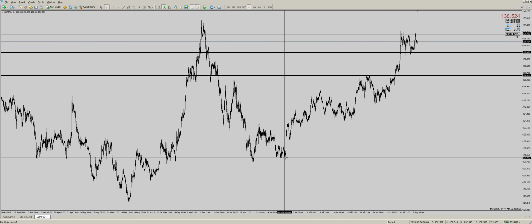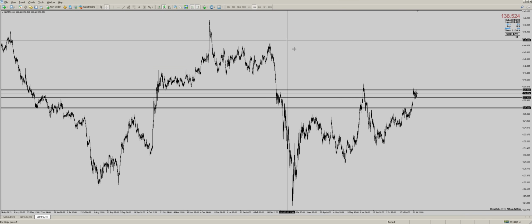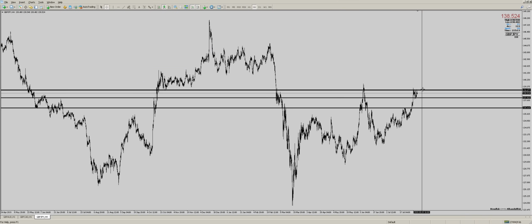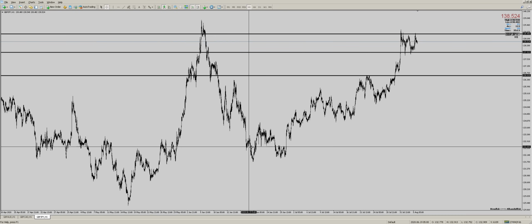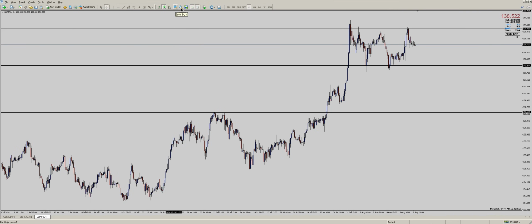Now, as you can see, price is on an uptrend for GJ. If we have a look at the 4 hour as well, you can see price is heading up. So that's the trend. Price is currently on an uptrend for GJ.